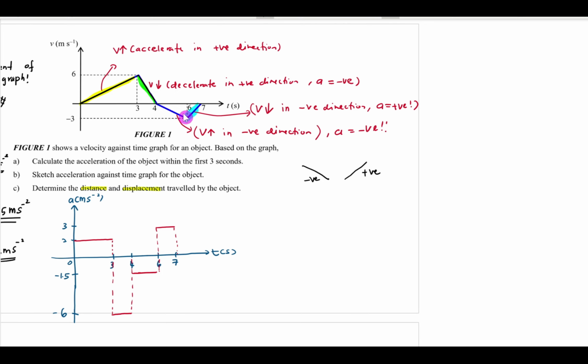Bezanya this area under the graph will give you positive value, but this area of the graph will give you negative value if you consider to calculate the displacement traveled by the object. Kenapa? Sebab displacement adalah vector quantity.